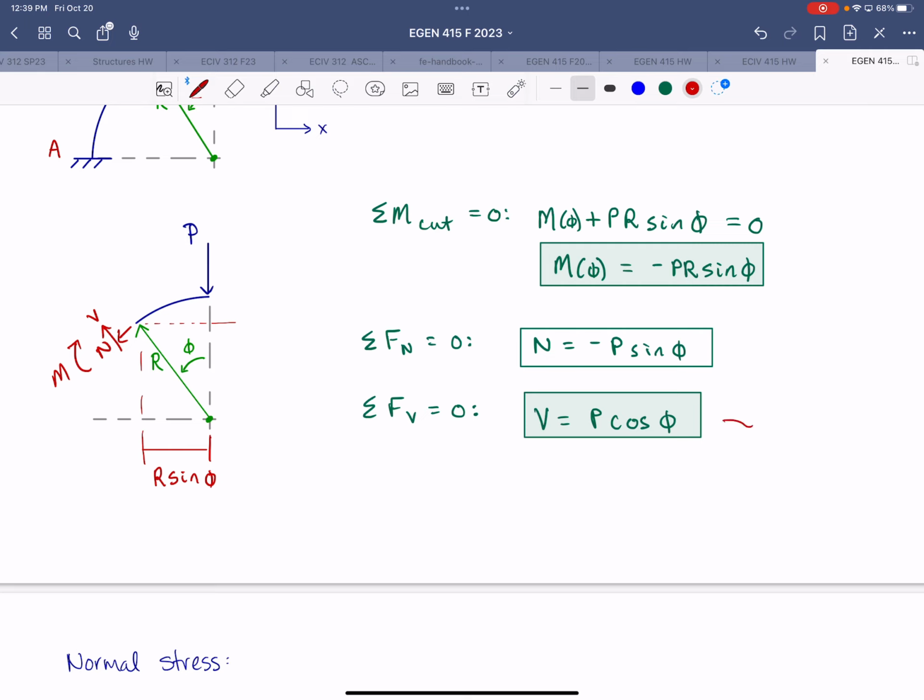But I'm going to say for shear, we can neglect it for circular beam deflections. They really won't contribute much at all.